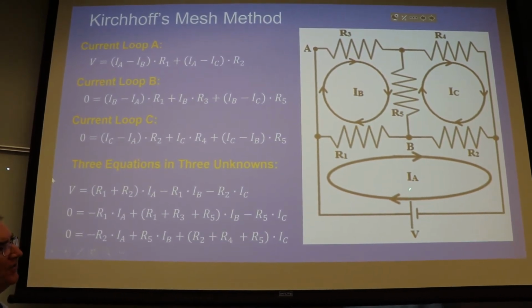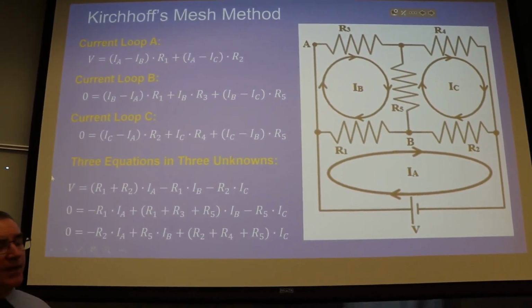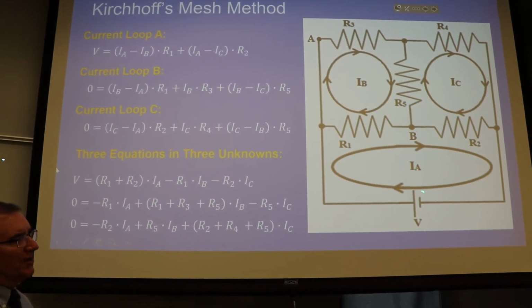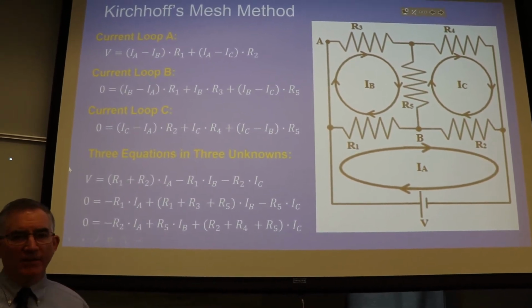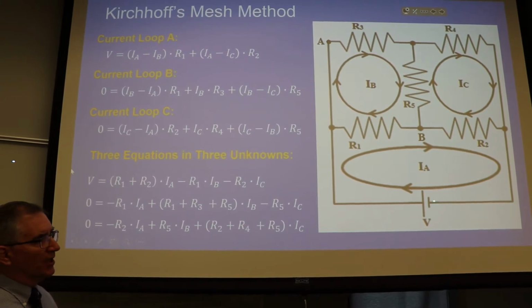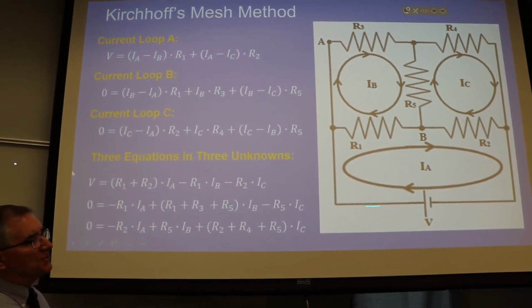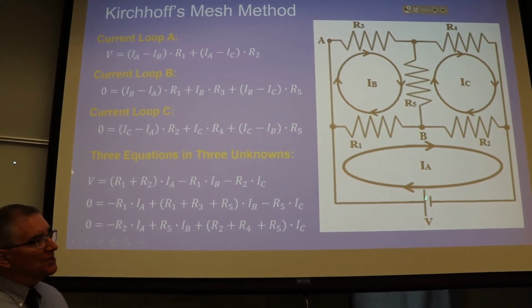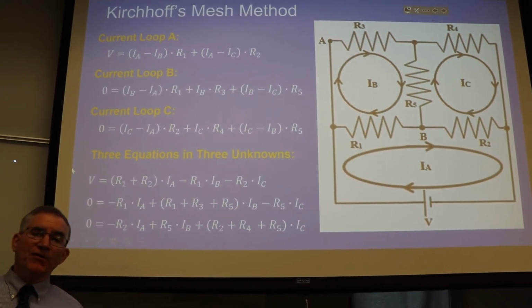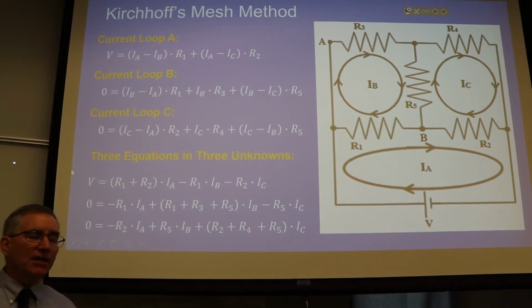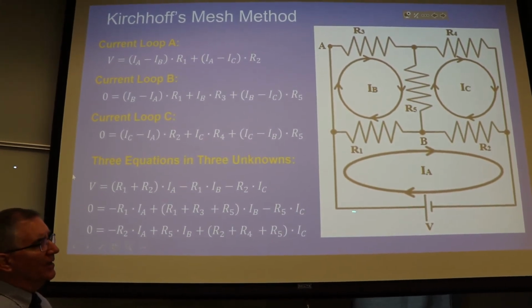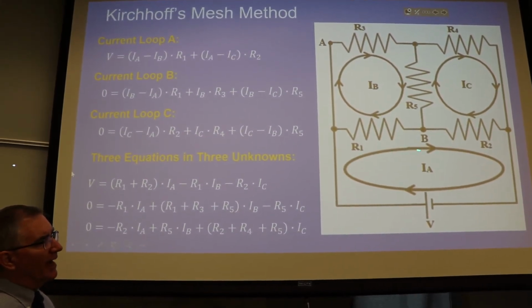So conventional current comes out of the positive and goes to the negative, thanks to Ben Franklin. Now you know, electrons really go this way, but it doesn't matter. Whether you got positive charge going this way or negative charge going that way, they're still delivering the same energy to the circuit. So we just go with Ben Franklin, and so we draw a loop like that.